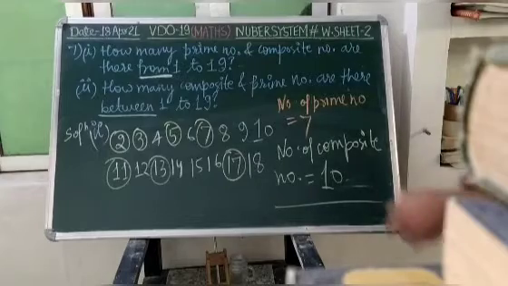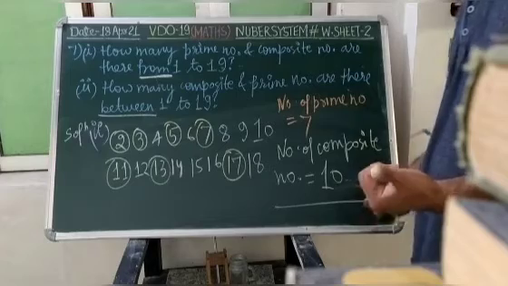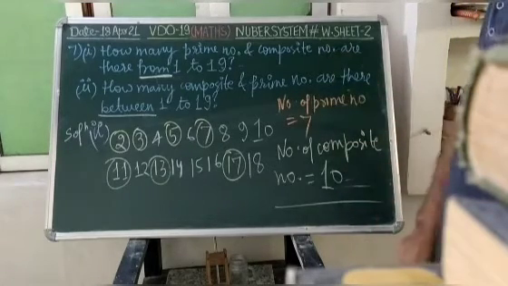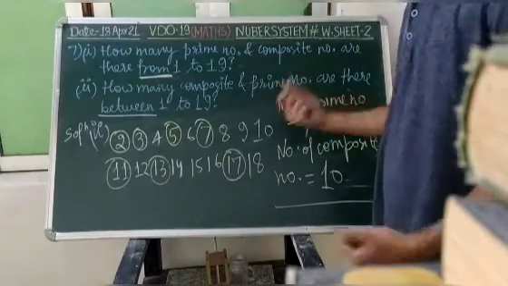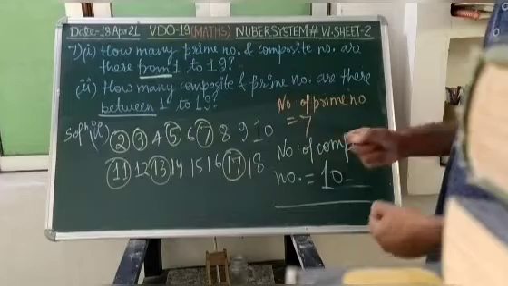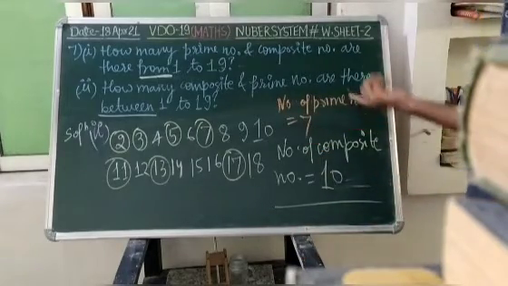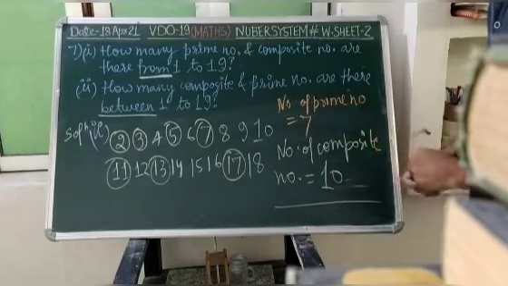So students, now try to think, it's your mental exercise. While we were doing the sixth problem, whether we were choosing the numbers from or between, the prime numbers were coming the same and the composite numbers were changing.